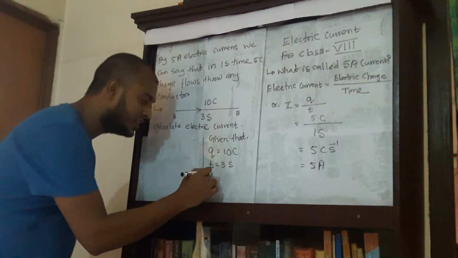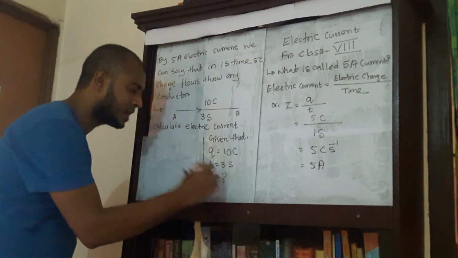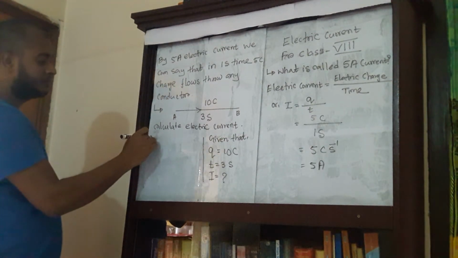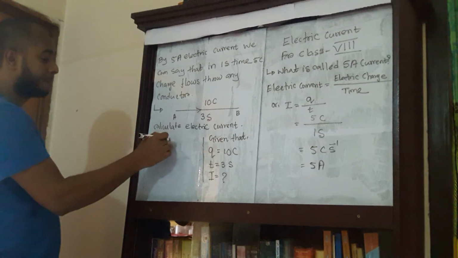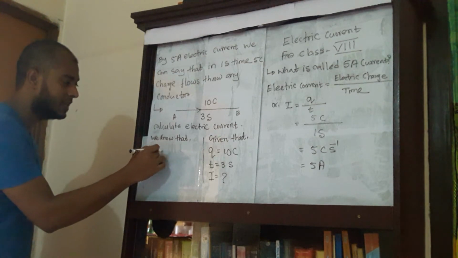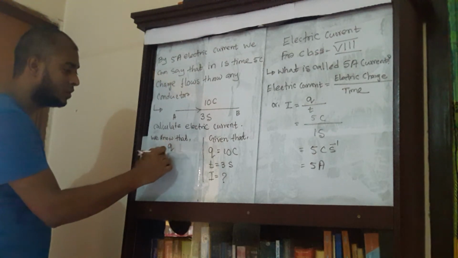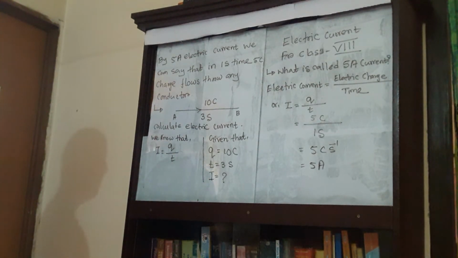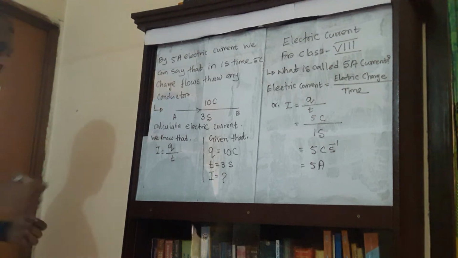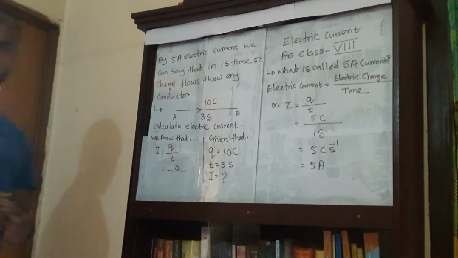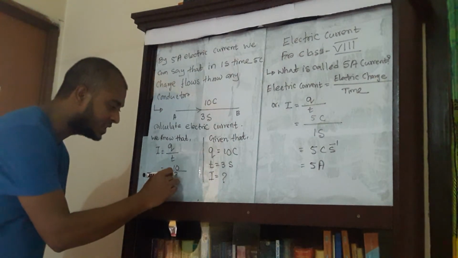Now I have to calculate the amount of current I. So the amount of current will equal what? We know already that current I equals Q divided by T. Q is 10 coulomb, and T is 3 seconds.